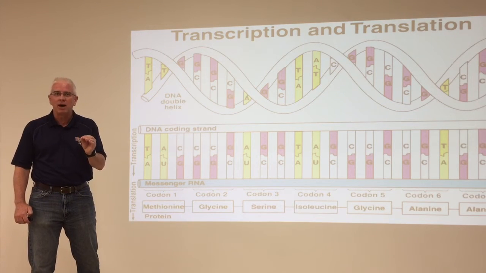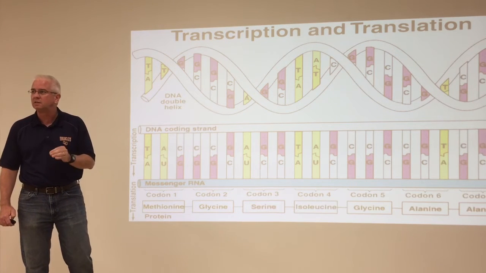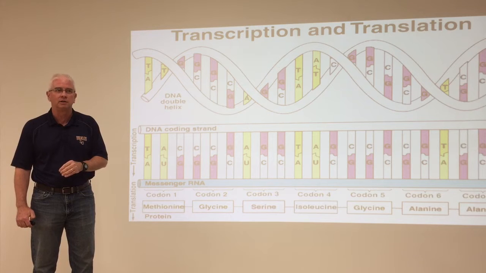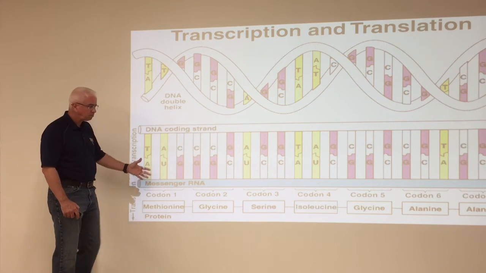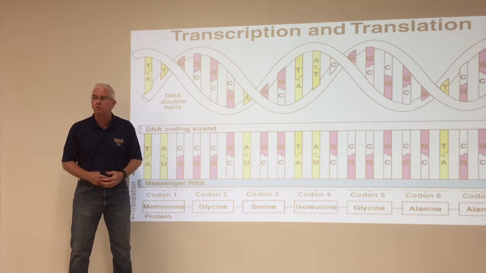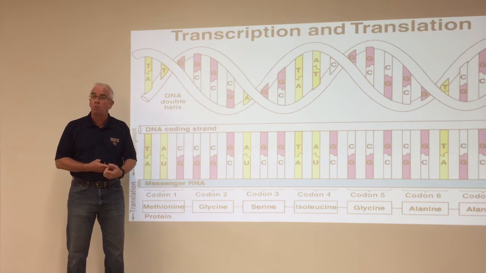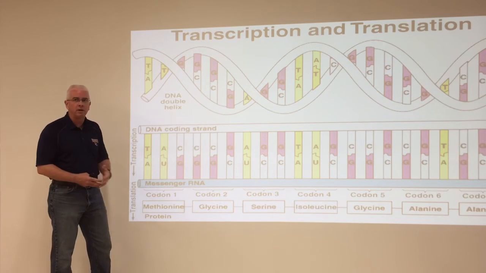That means methionine. It is a coded language that exists inside human body cells. AUG puts methionine. And so all the rest of the amino acids, they all have codes. In fact, most of them have more than one code. So you have multiple codes that give information to the cell.